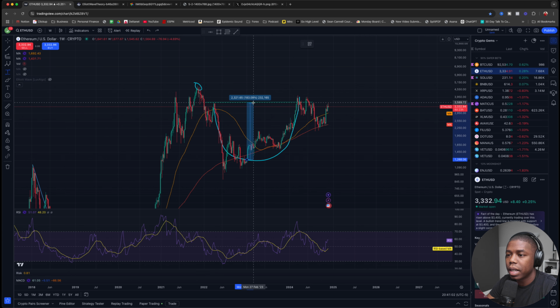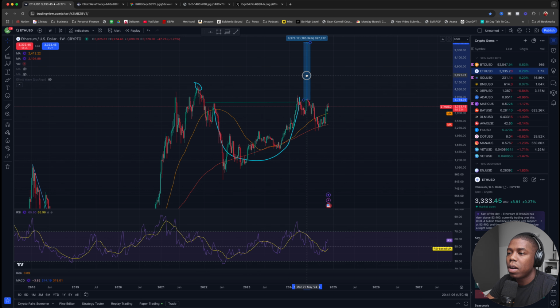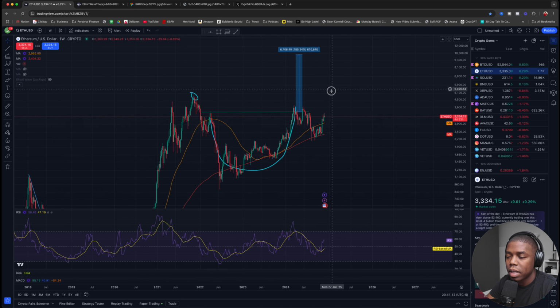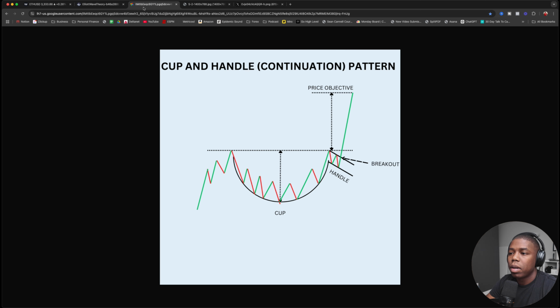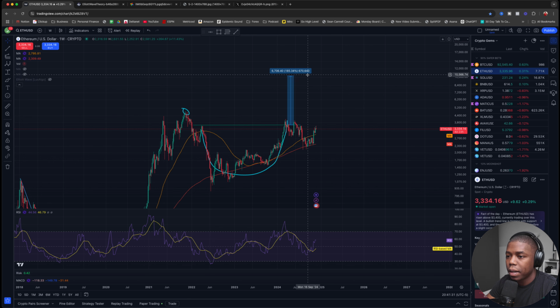So if I measure here all the way up to the top and then set that on top of this resistance level, again, not even setting it on the pivot point, but just the resistance level to have a little bit more of a conservative price target, then we're talking about at least 10,000 right now as a price target based upon this pattern right here. If this pattern plays out, then this would be the price target for it. And we've just measured it right over here.